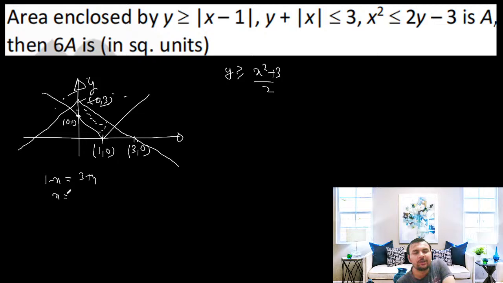So x equal to minus 1, y equal to 2. So a line is going like this below this point. Okay, and we have a curve x square by 2. So at x equal to minus 1, this is 2, and this is also 2. So they are intersecting here and going like this. And this is somewhere x equal to 1. So it is 2. It is symmetrical.